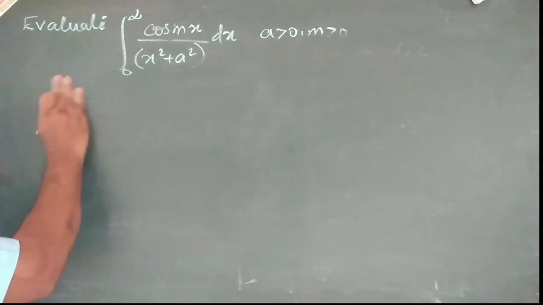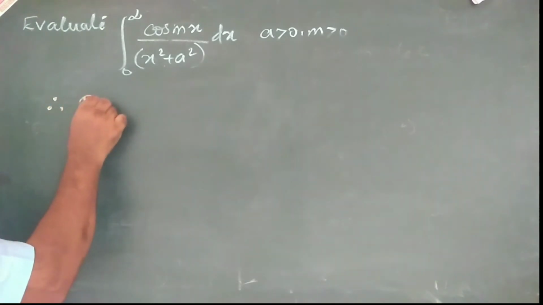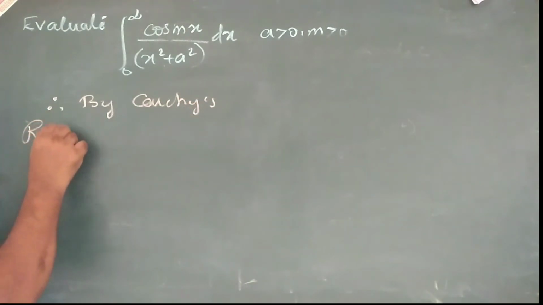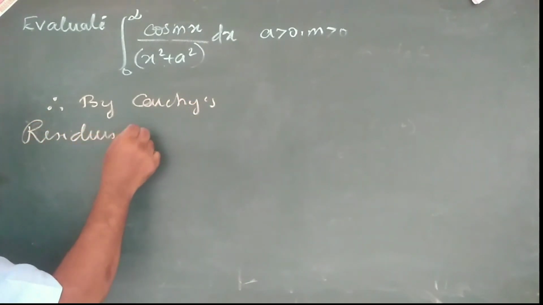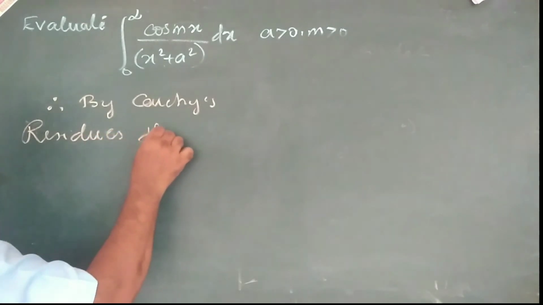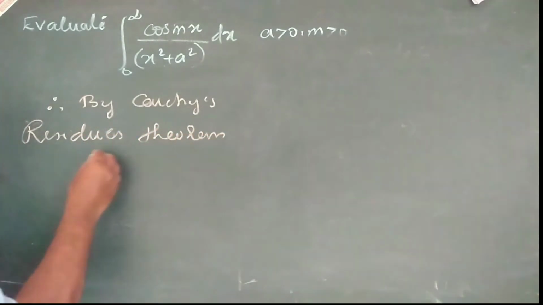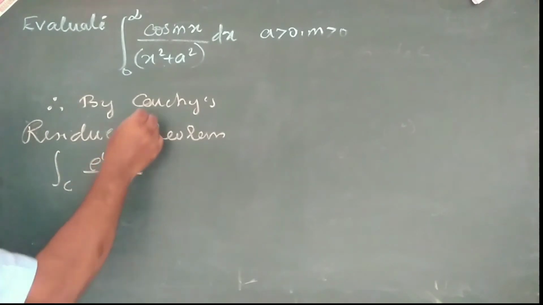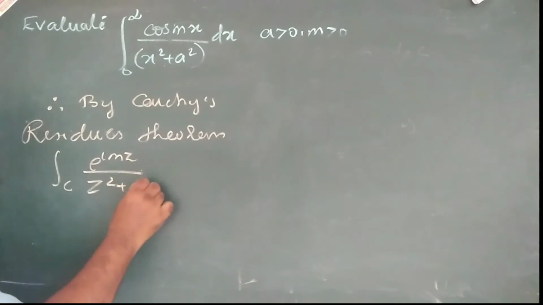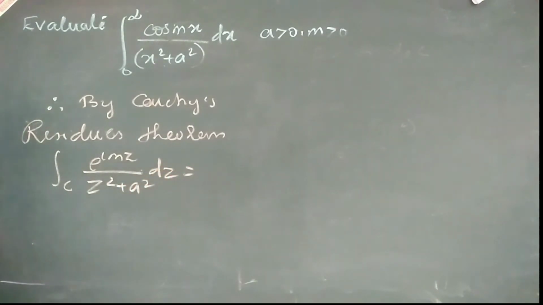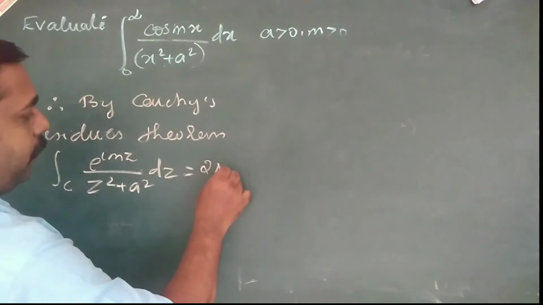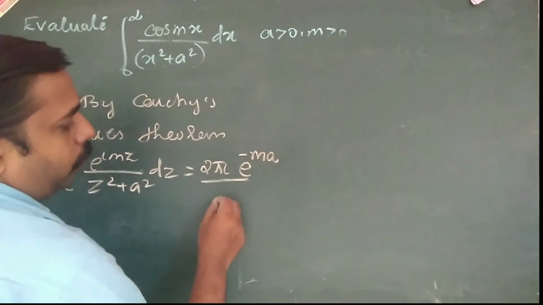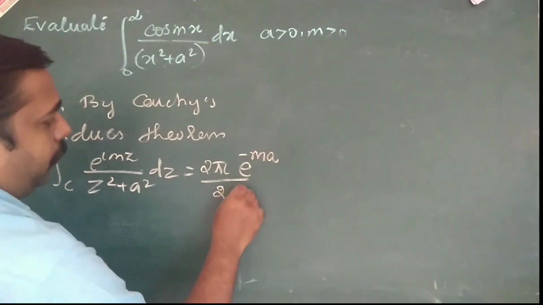Therefore by Cauchy's residue theorem, integral over c e raised to i m z divided by z square plus a square dz is equal to 2 pi i into e raised to minus ma whole divided by 2 into ai.